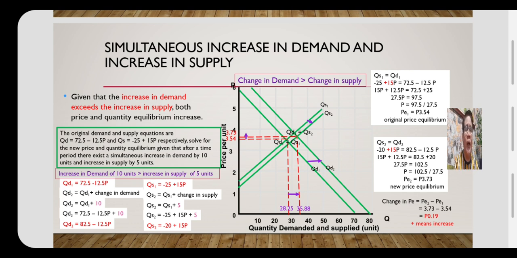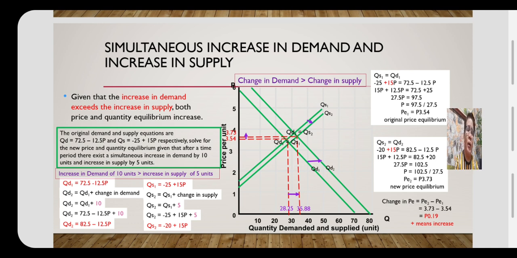So that is to indicate that the bigger gap between QD1 and QD2 specifies the greater change in demand, and the smaller change in supply is specified by a smaller gap or distance between QS1 and QS2 curves.